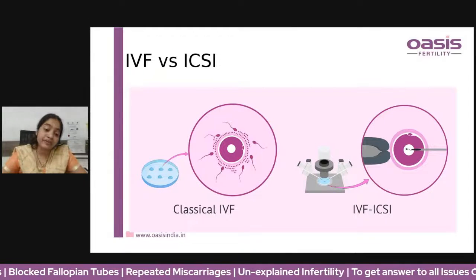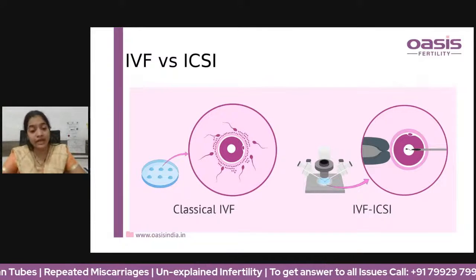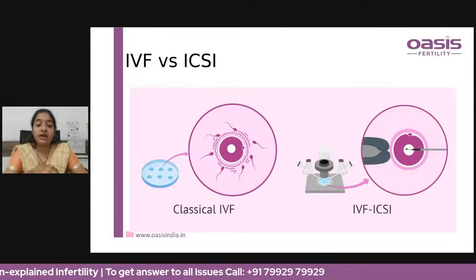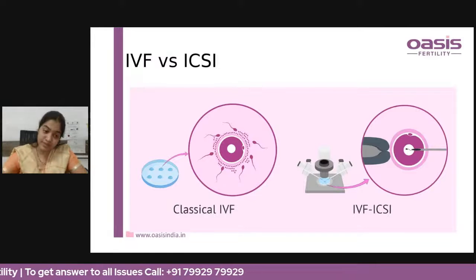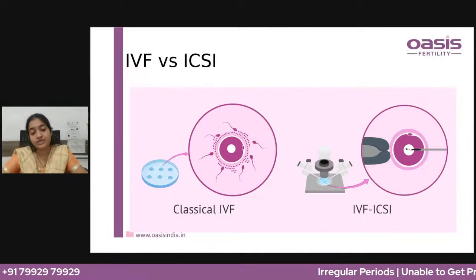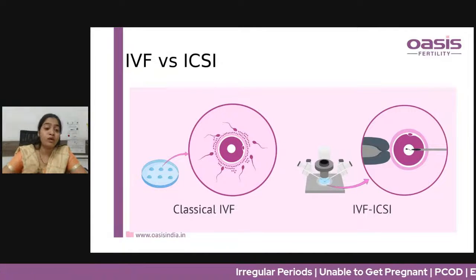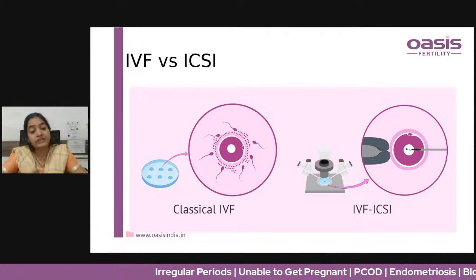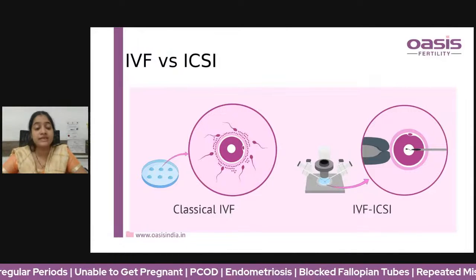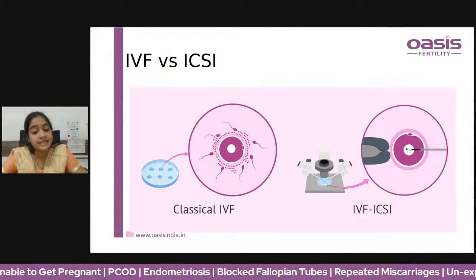Conventional IVF was where the egg was taken in a petri dish, and around it the sperms were released, and natural fertilization, natural penetration was seen, and the fertilization was checked. In ICSI technology, we do intracytoplasmic sperm insemination.